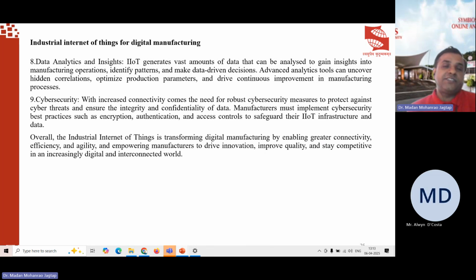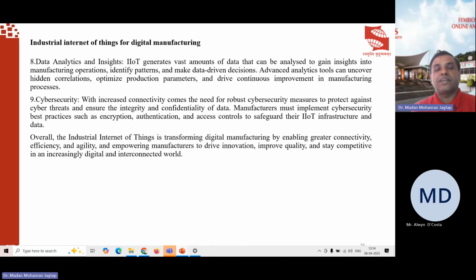So with increased connectivity comes the need for robust cyber security measures to protect against cyber threats and ensure the integrity and confidentiality of the data. So whatever data I have created through a manufacturing process should be kept very secure in my organization only. That is the responsibility, and that can be achieved with cyber security.